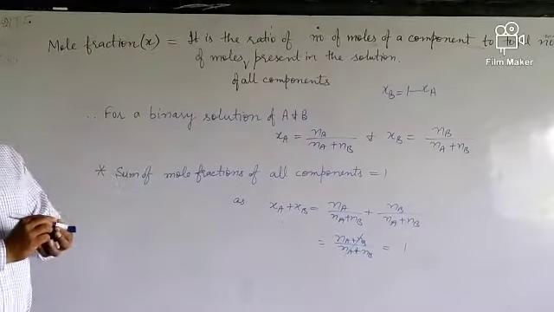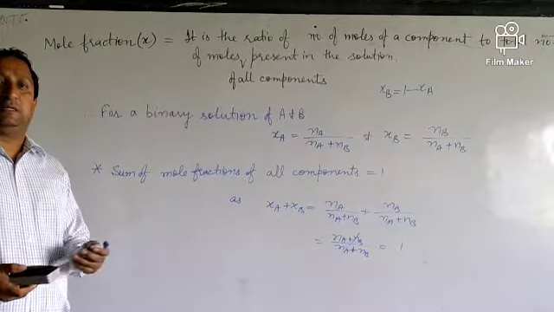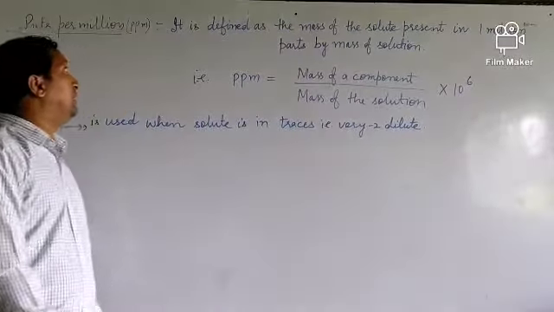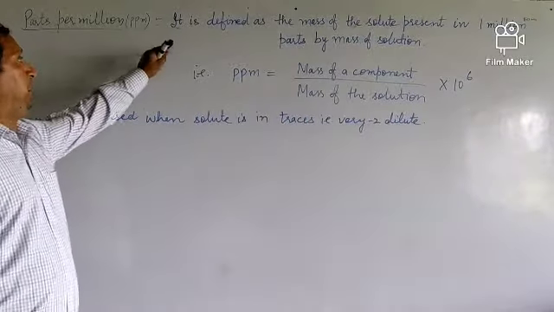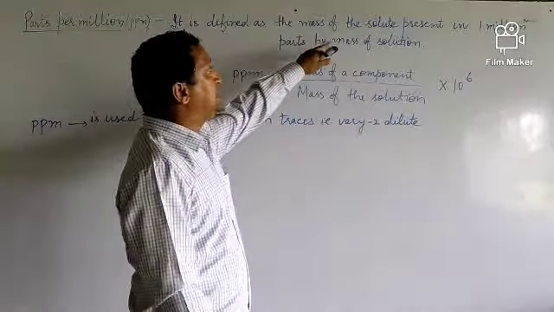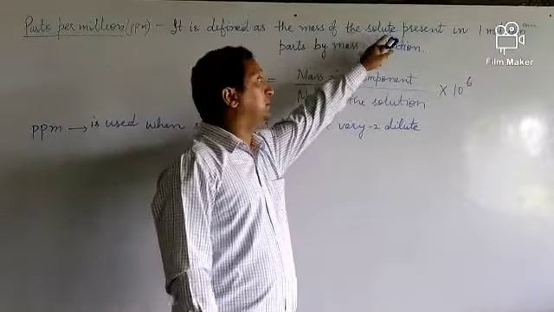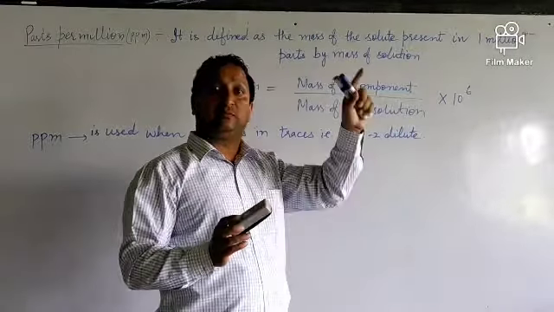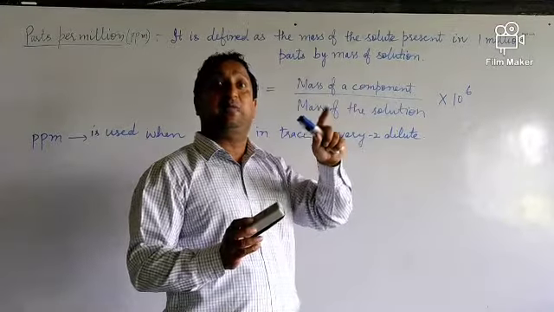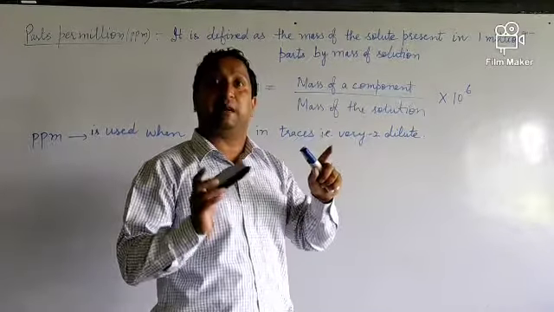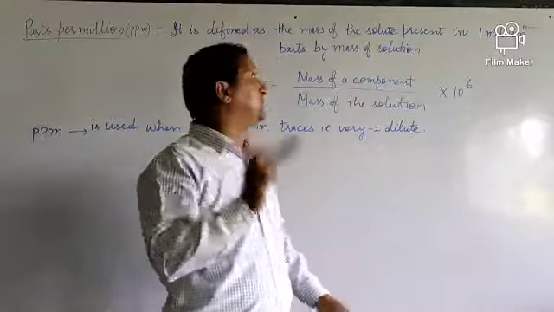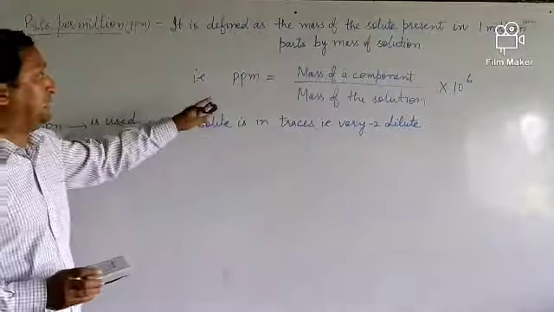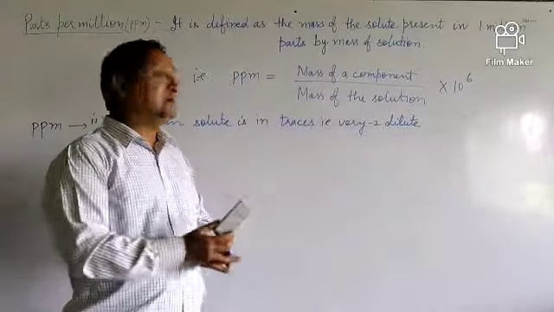Okay. Our last concentration term is ppm. Now ppm, it is defined as the mass of the solute present in 1 million parts. Mass of the solute present in 1 million parts by mass of the solution. That is very easy.